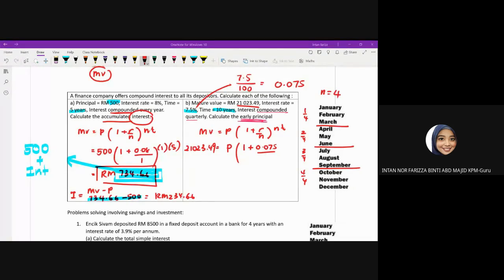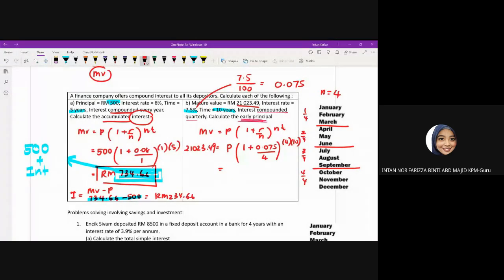Okay, alright, so now let's look at the next one. We know that n is 4, so this one will be 4. And how many years does the person keep the money in the bank? It is 10. How to press the calculator? Now make sure you're with me, girls. Press 0.075 divided by 4, next plus 1.